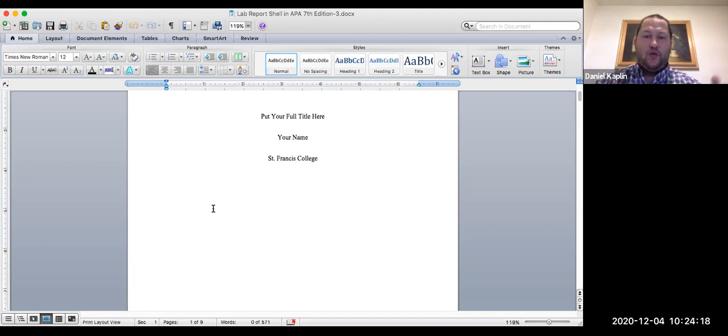If you're working in groups, then you want to put all the members of your group's names in alphabetical order, so as to imply that everyone contributed equally.